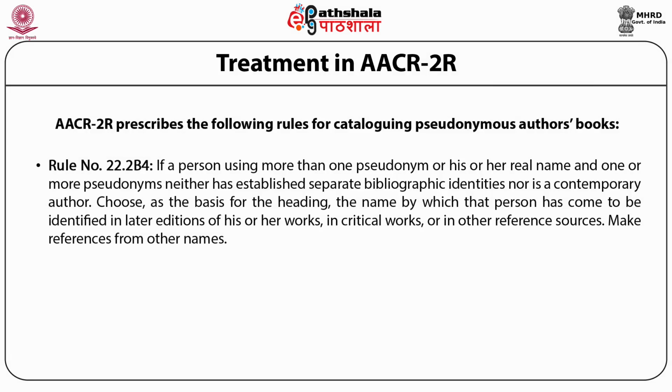Rule number 22.2B4. If a person using more than one pseudonym, or his or her real name and one or more pseudonyms, neither has established separate bibliographic identities nor is a contemporary author, choose as the basis for the heading the name by which that person has come to be identified in later editions of his or her work, in critical works, or in other reference sources.